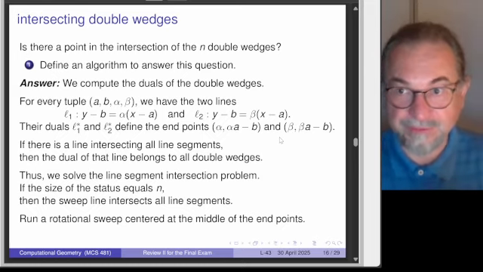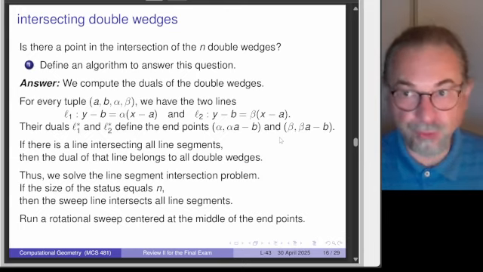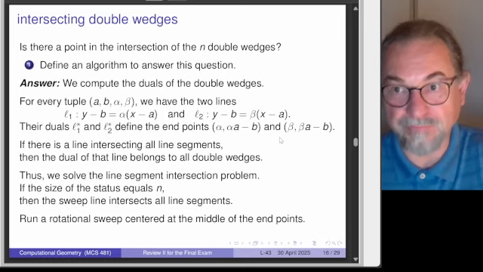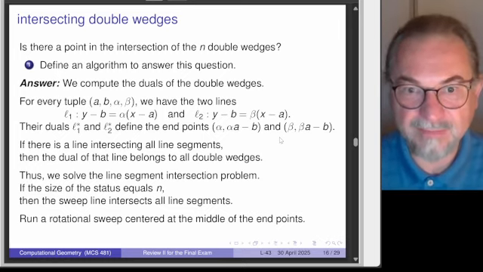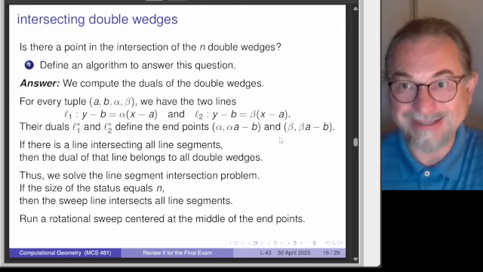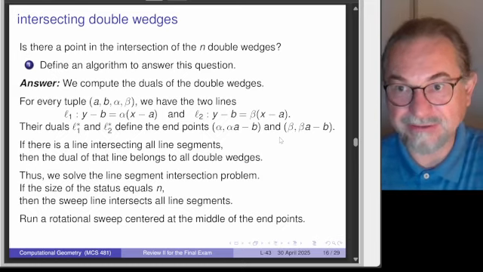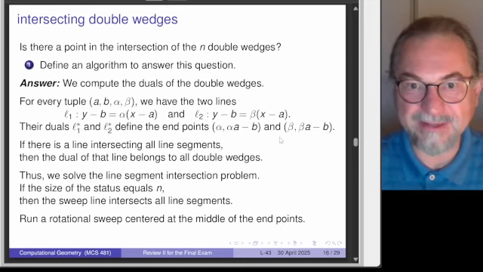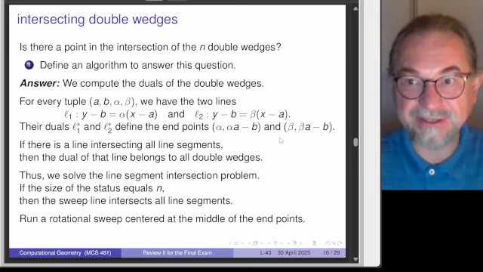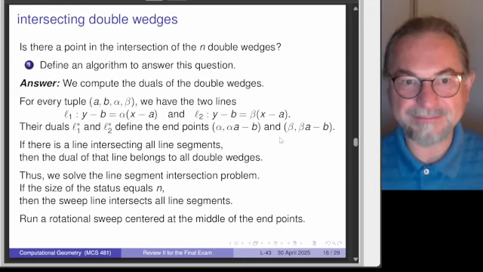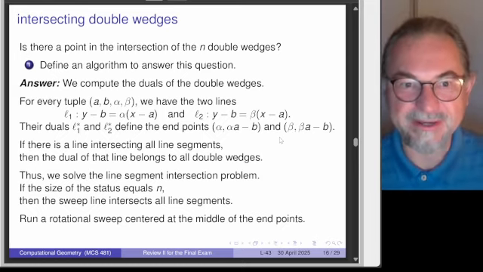In the dual of this problem, the dual of a point is a line. So if we go back to the original problem, is there a point contained in that intersection? Is there actually a line which intersects all the line segments? I think the slides have it better.